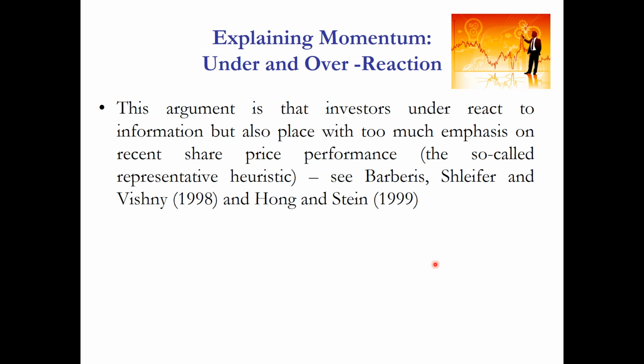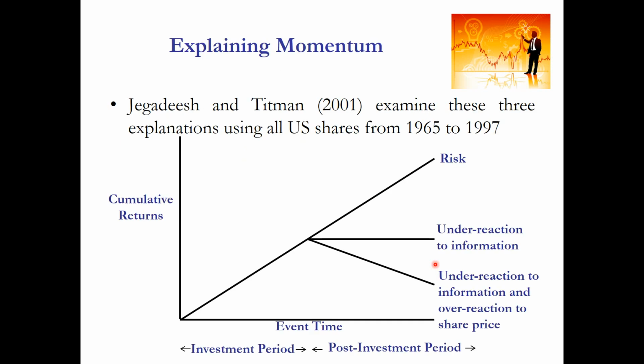We have this initial underreaction zone. News comes out, say a positive earnings announcement. The market is slow to react to this news, so there is a gradual price drift to fundamental value.